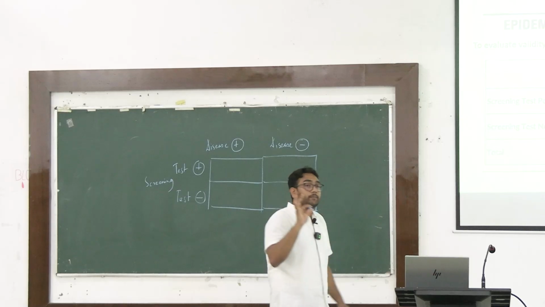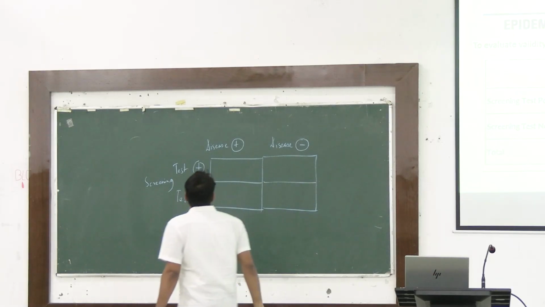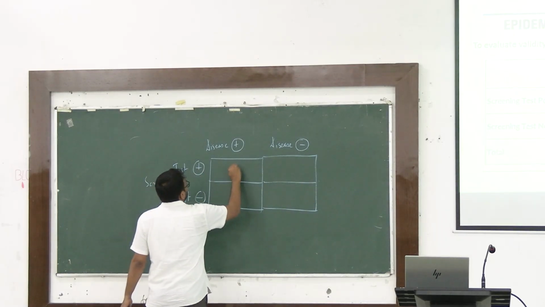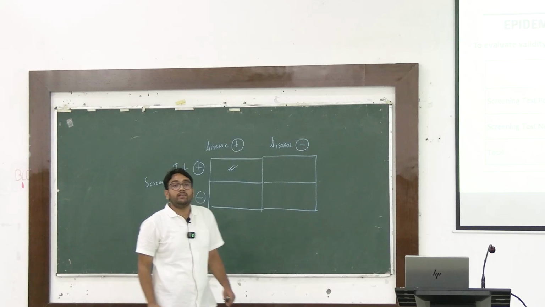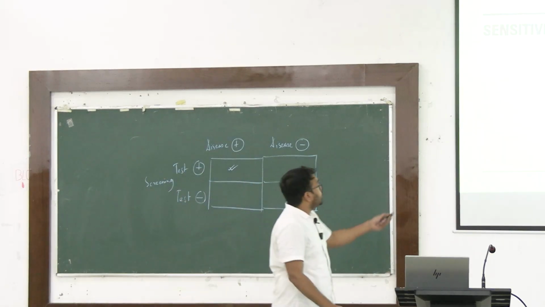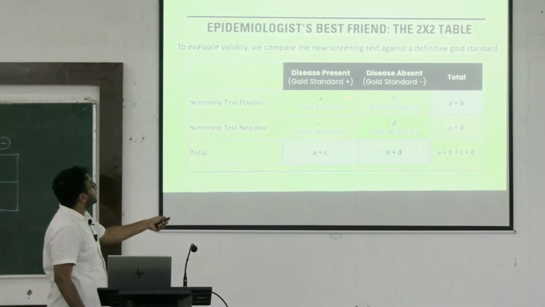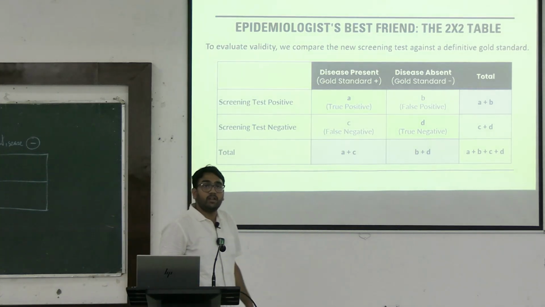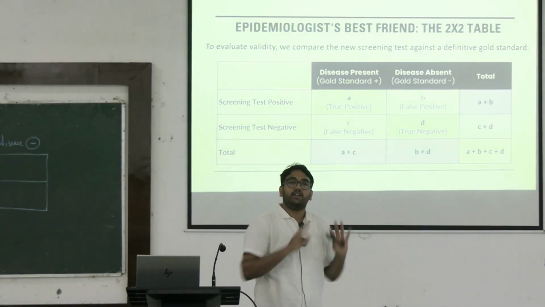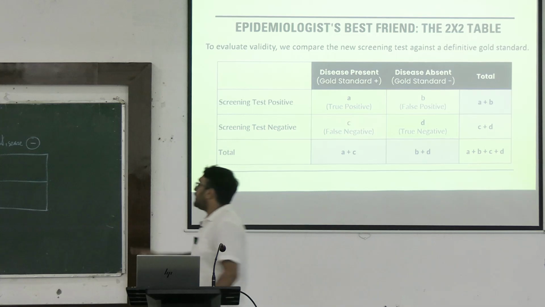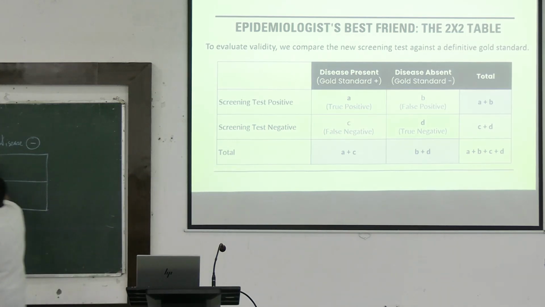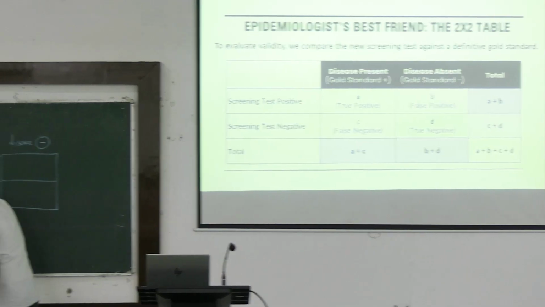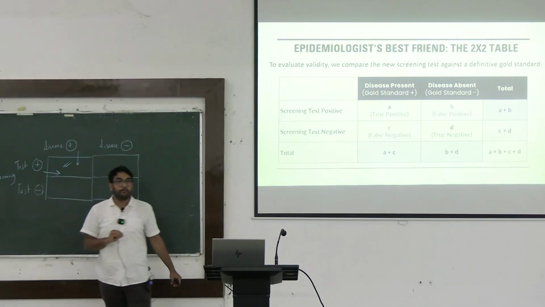then understand the boxes now. Now look at this box. Who are there in this box? The people who are there in this box are being called true positive. Why true positive? Because in reality they have the disease, and the screening test has also found the disease in them.